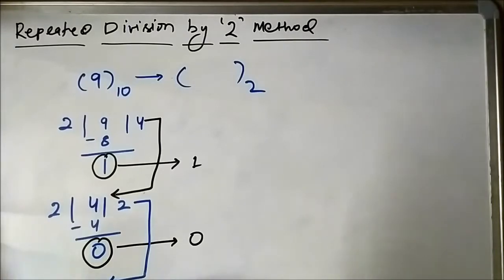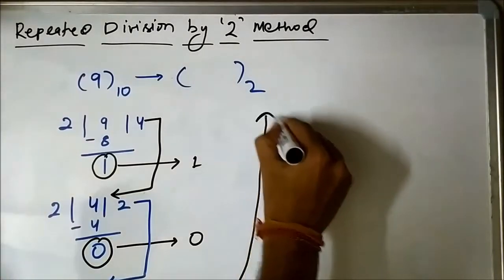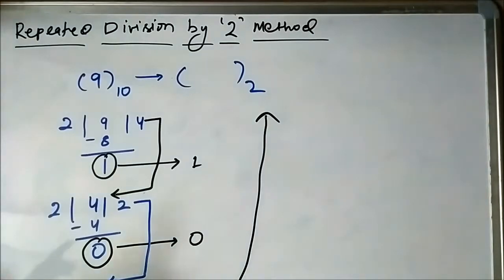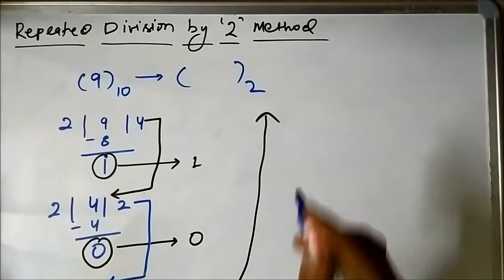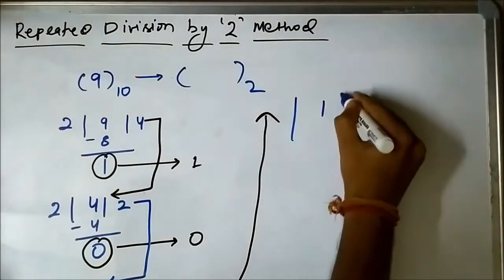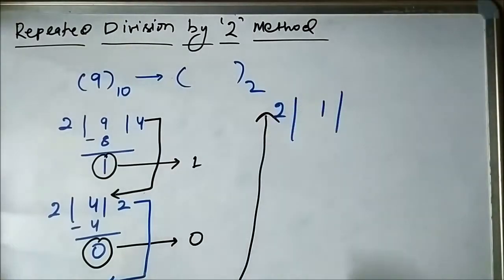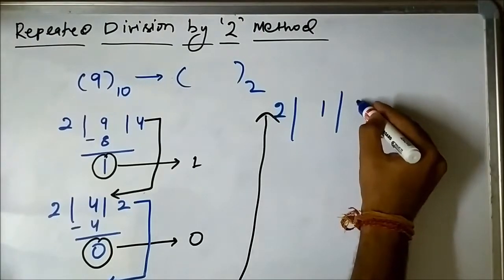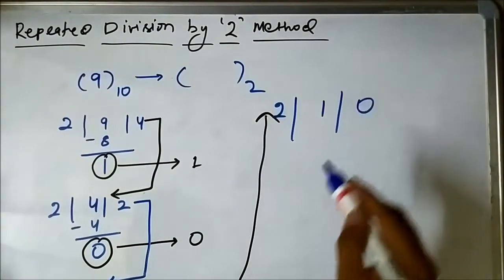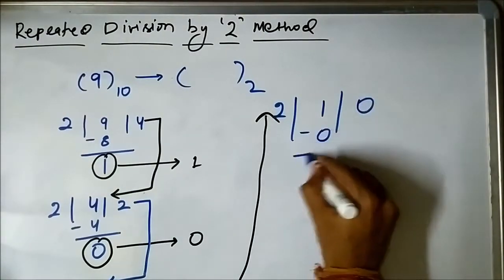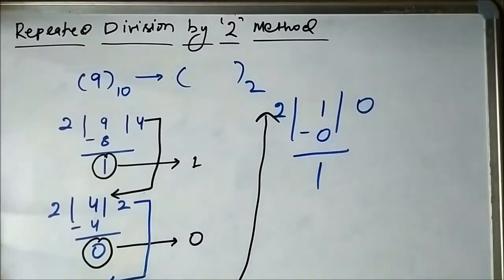Now this 1, again divided by 2, if we multiply it with 0, it will be 0, and the remainder will be 1.